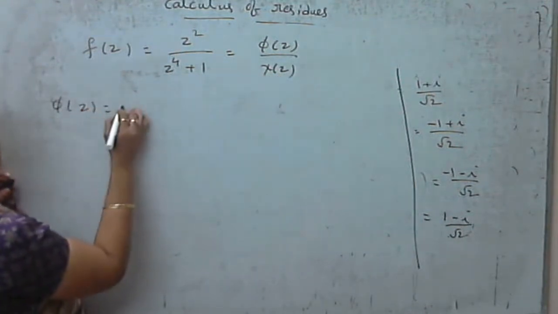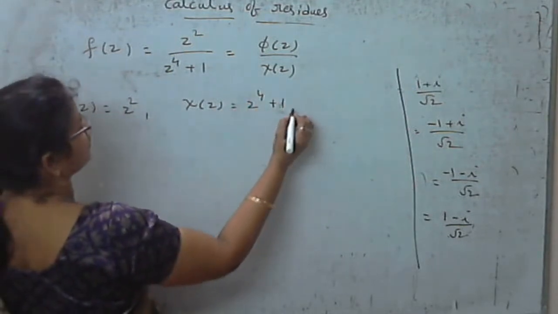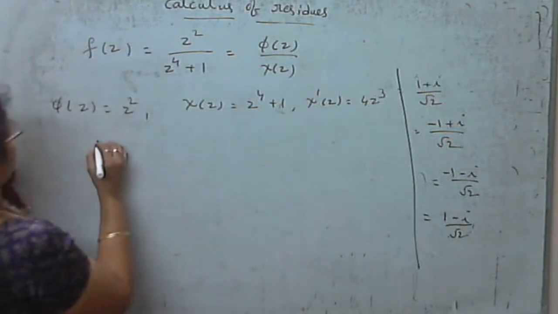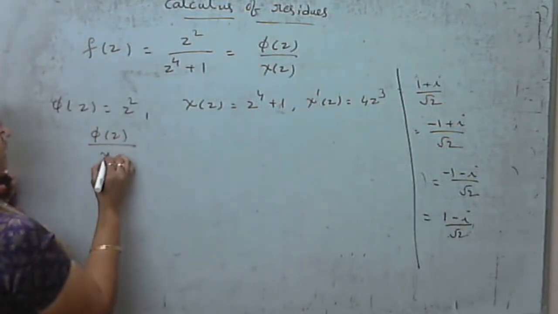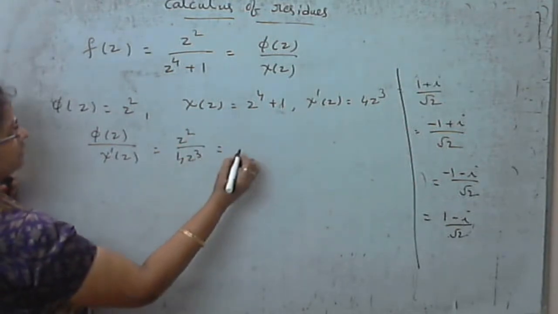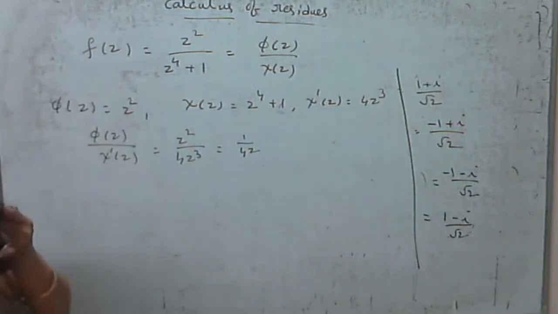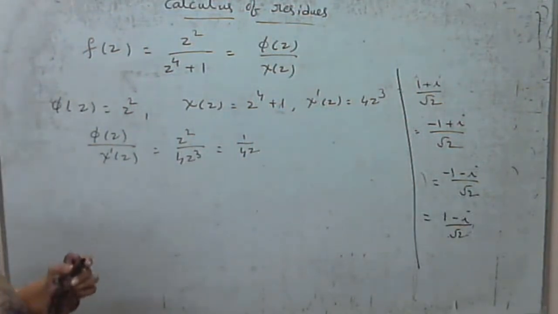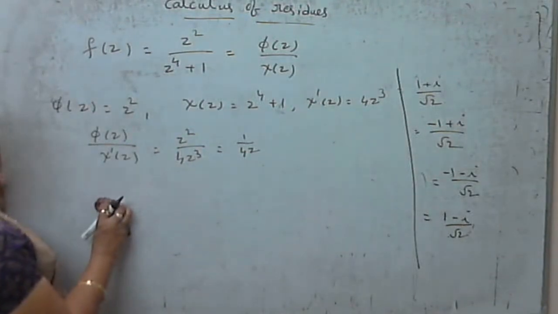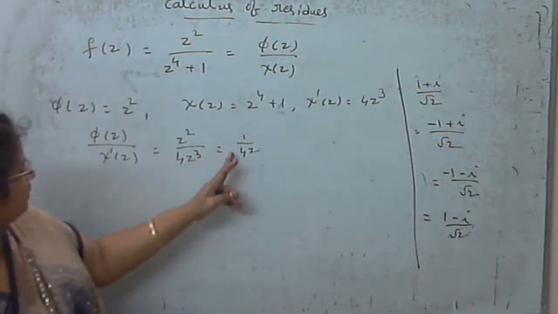Phi of z equal to z square, psi of z equal to z power 4 plus 1. So psi dash z equal to 4z cubed. Phi of z by psi dash z equal to z square by 4z cubed. Z square cancels out, giving 1 by 4z. Now we have to calculate the residue at each pole.